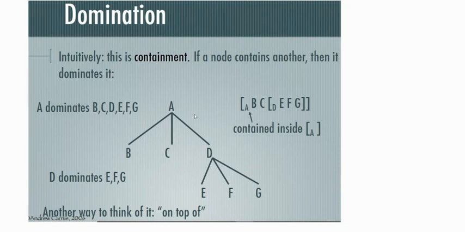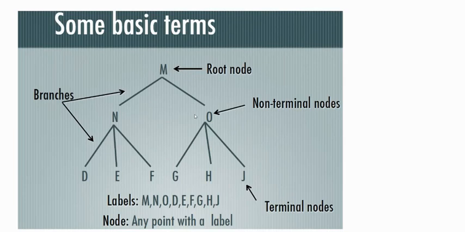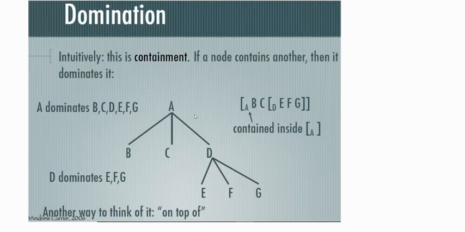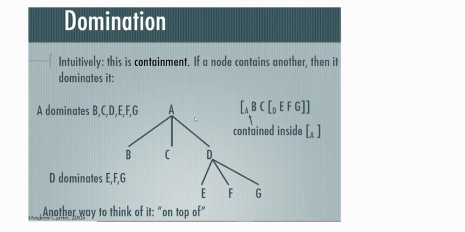Let's say that D is a prepositional phrase, and that is a group of words composed of a preposition, a noun, and another prepositional phrase. So that D, what is the name of that D? Well, it's a non-terminal node. Dominates what? E, F, G. Okay, that is the domination.